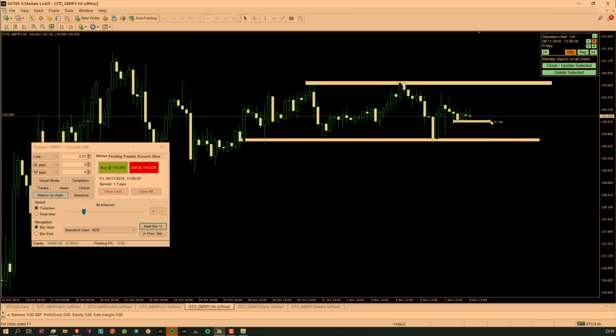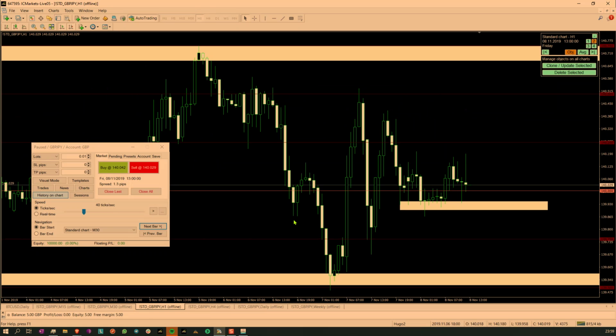I'm going to clone all this to the 1 hour also. That's where we are. Okay, much clearer here. So we have a bunch of zones here. We have this one that we are just reacting to.